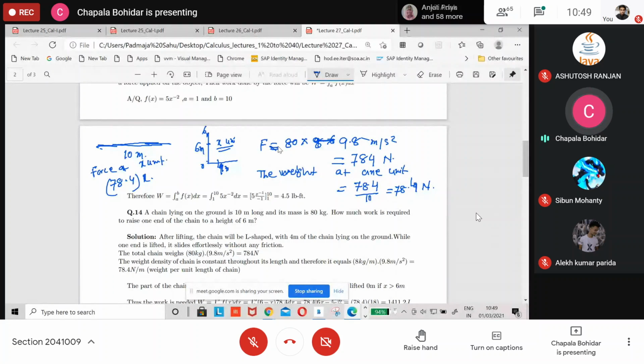Clear? So now the total work done W is equal to the integral from 0 to 6 of 78.4 X dx.